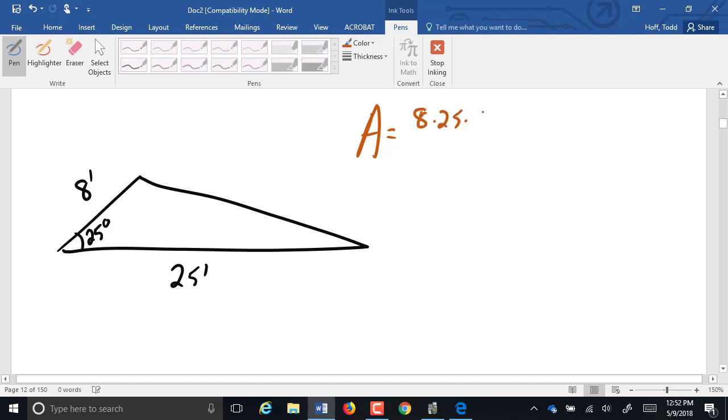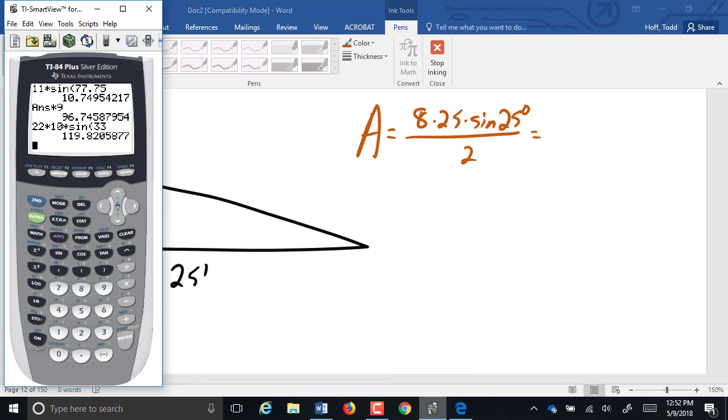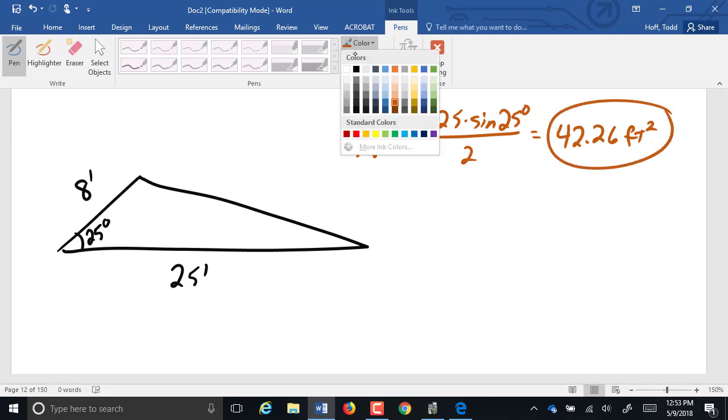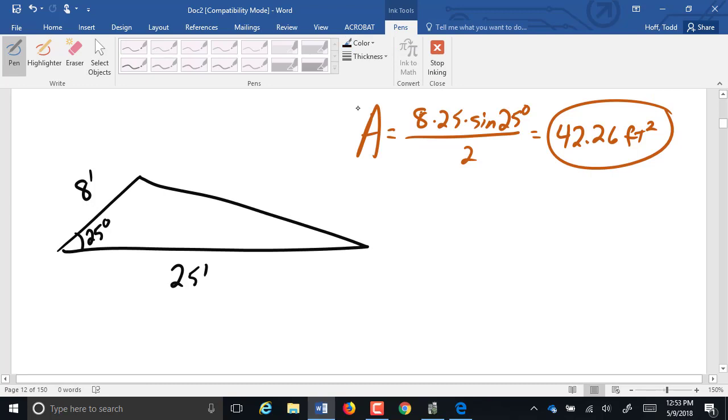Eight times 25 times sine of 25 degrees over 2. So 42.26. Those are in feet, so that's feet squared, square feet. What do you think? Not bad?